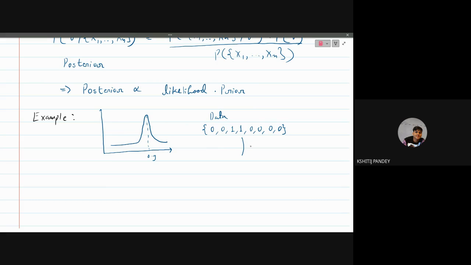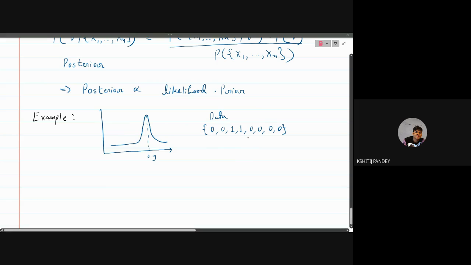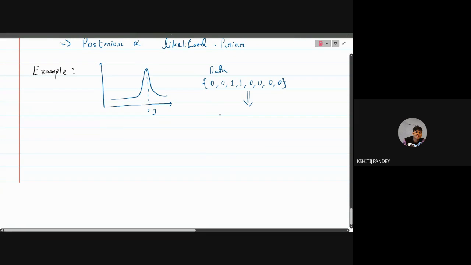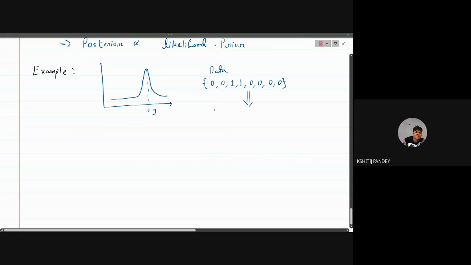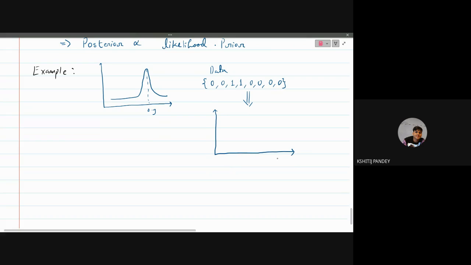Now our posterior will be, let's say, something like this.